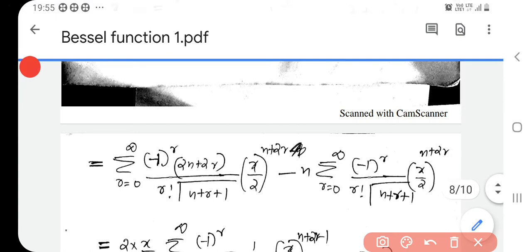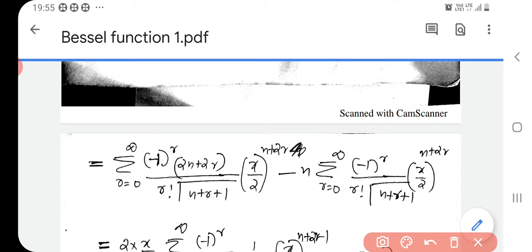So here we have 2 times n plus r, 2n plus 2r, where we take 2 as a common factor.